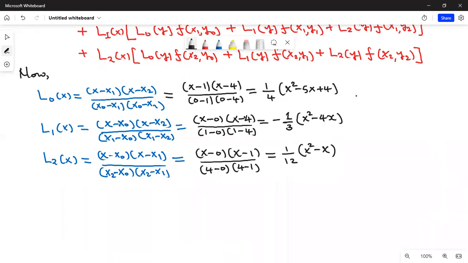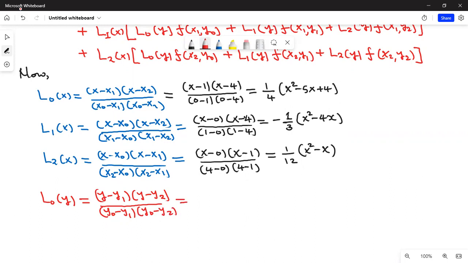Similarly, those for y. L0 of y is the same as y minus y1 times y minus y2, everything over y0 minus y1, y0 minus y2.